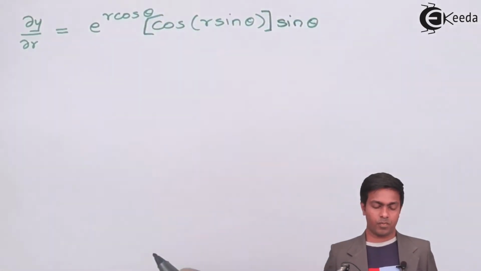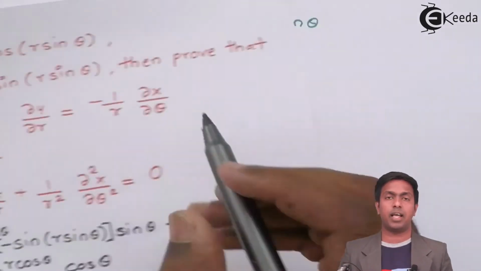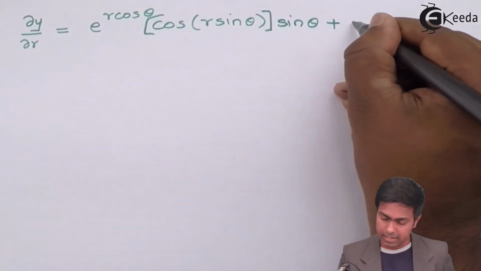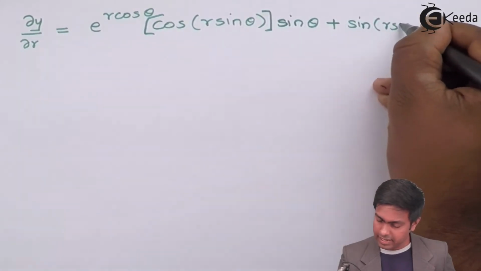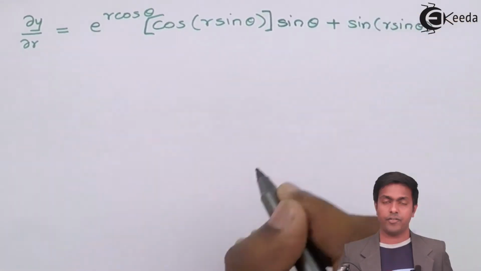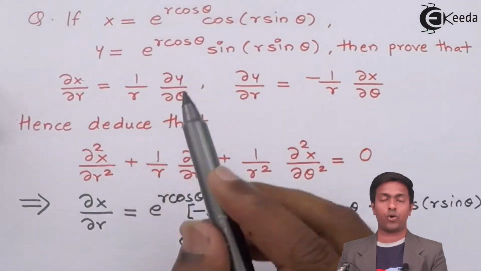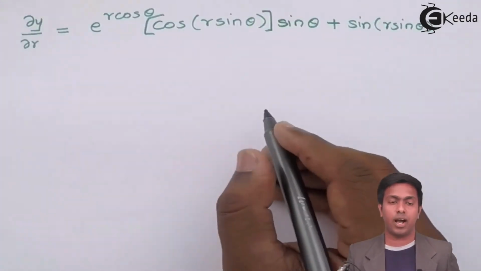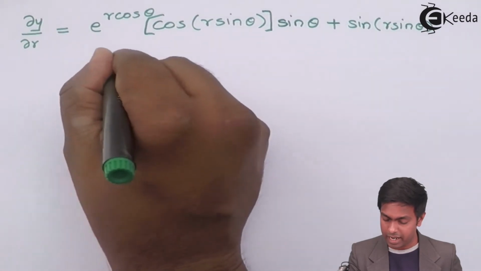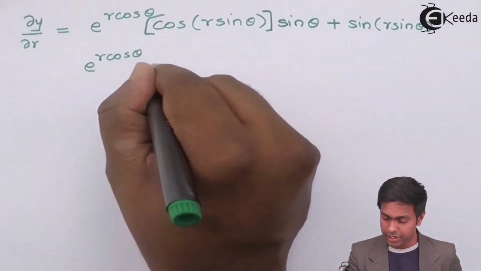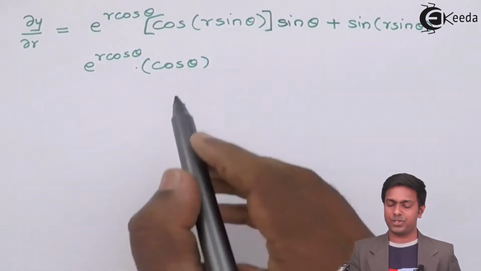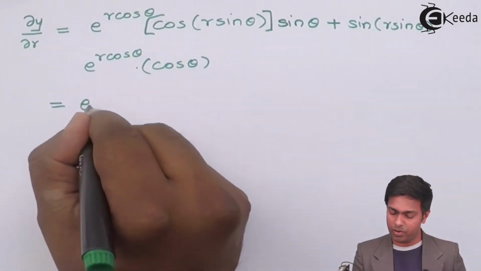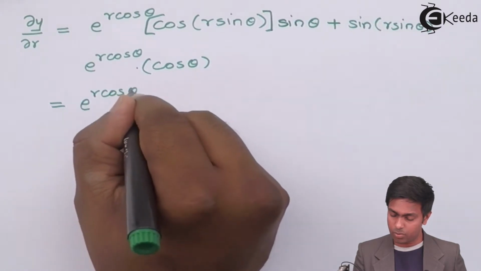Now we will keep the second term as it is, that is plus sin of r sin theta, and we'll differentiate e to the power r cos theta with respect to r. So that will become e to the power r cos theta into cos theta. Now guys, from these two terms we will take e to the power r cos theta common.